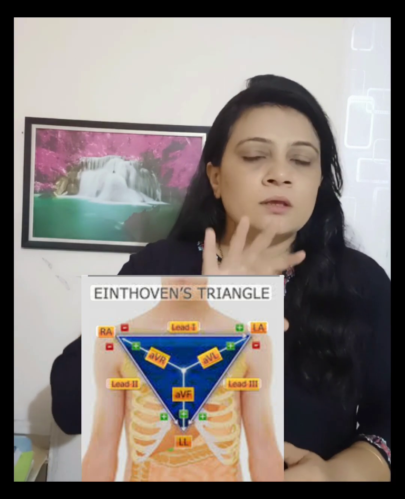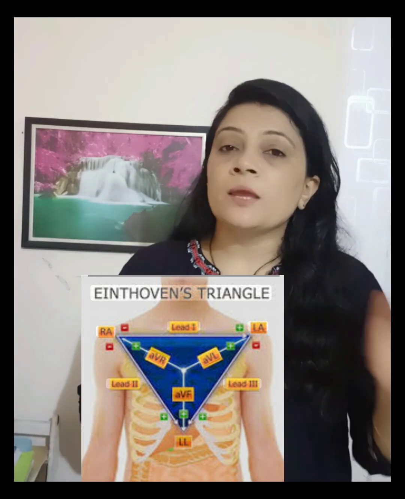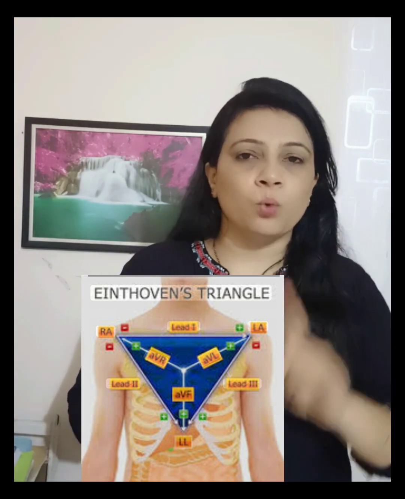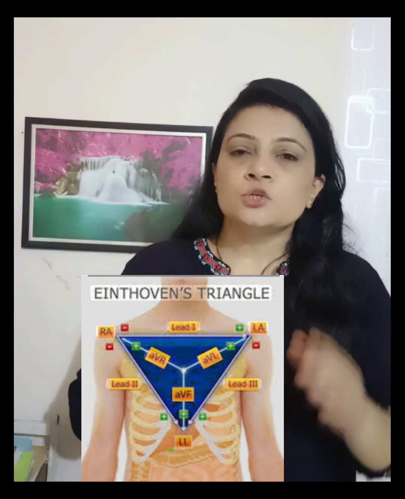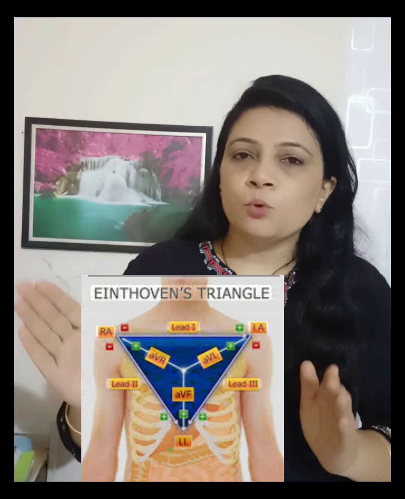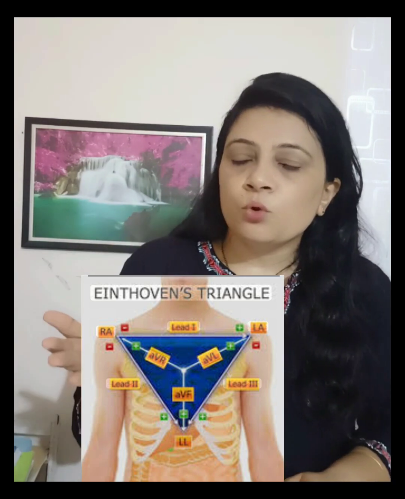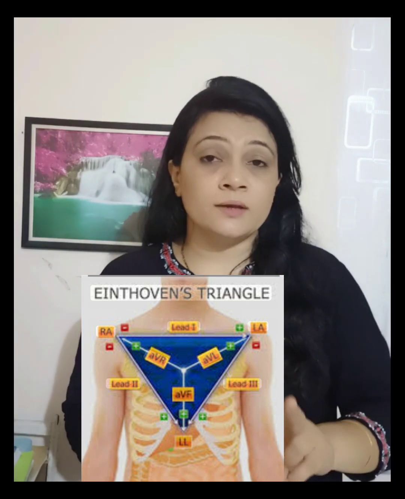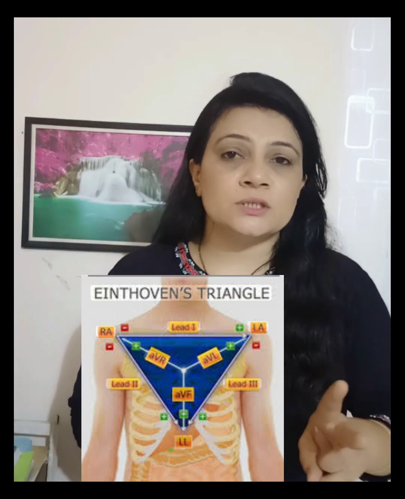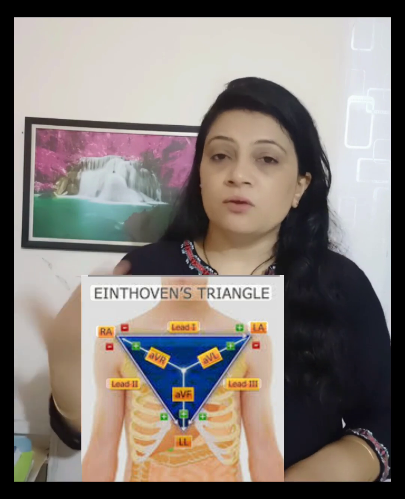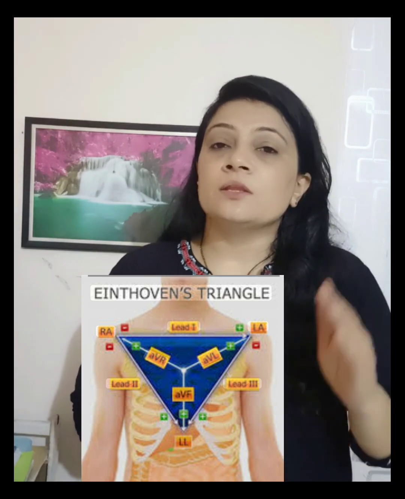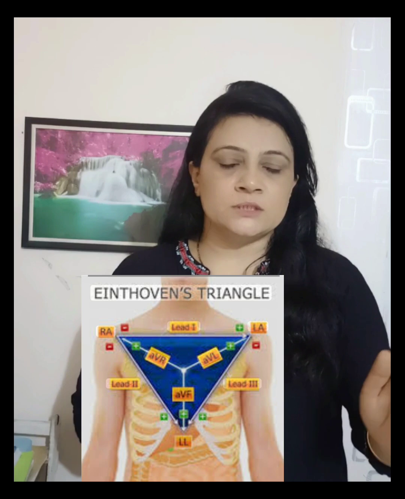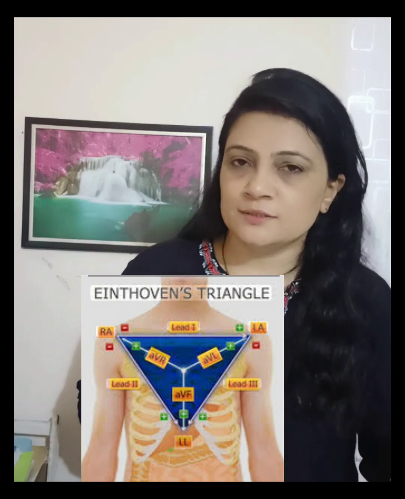Now the bipolar leads are 1, 2 and 3, right? So ECG leads are bipolar and unipolar.